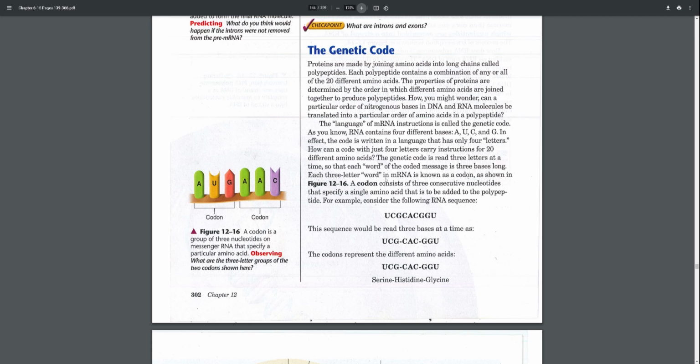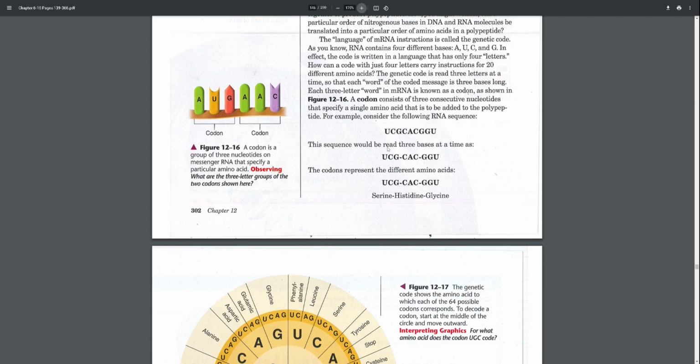Each 3-letter word in the mRNA is known as a codon, as shown in Figure 12-16. A codon consists of 3 consecutive nucleotides that specify a single amino acid that is to be added to the polypeptide. For example, consider the following RNA sequence: UCG-CAC-GGU.